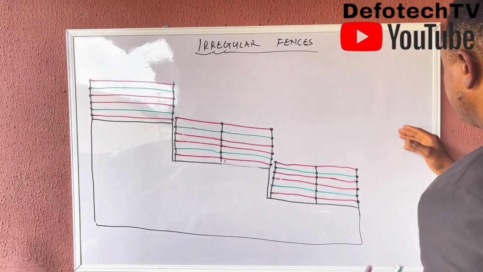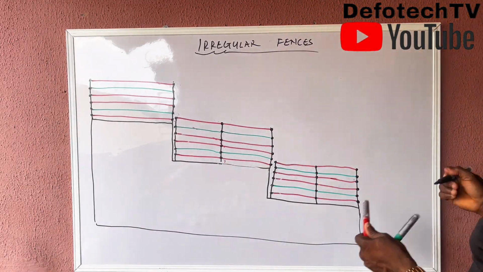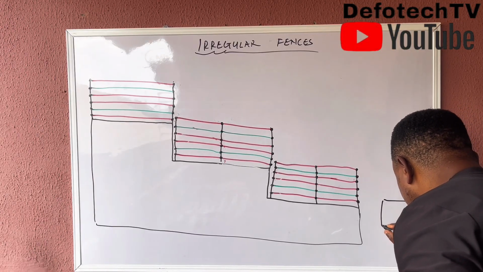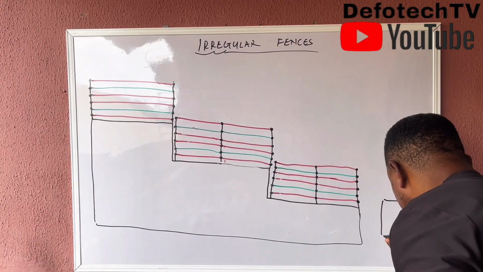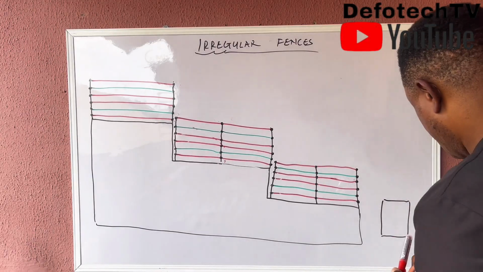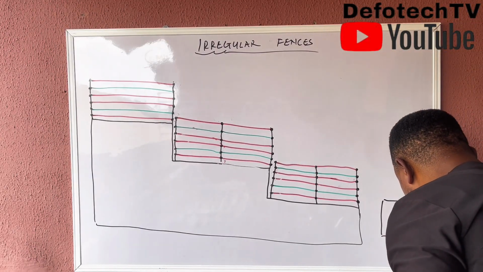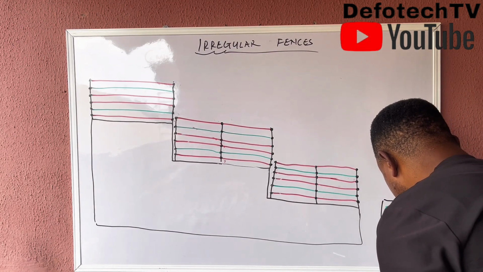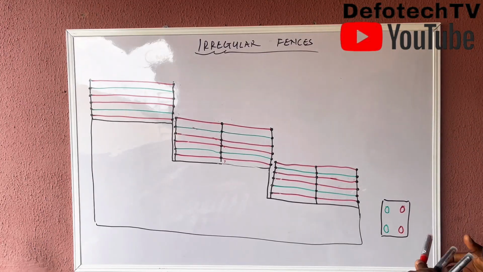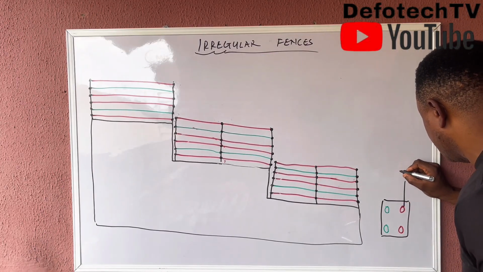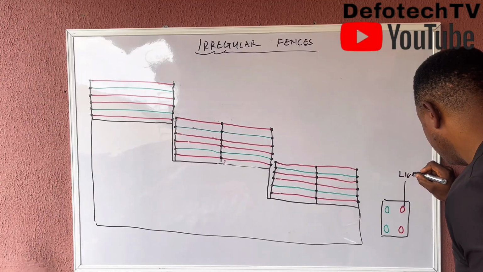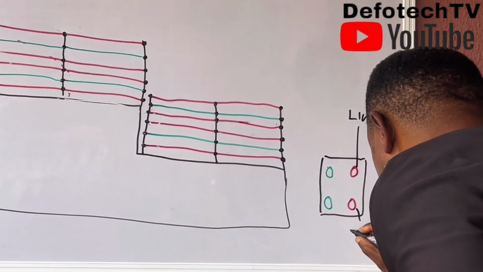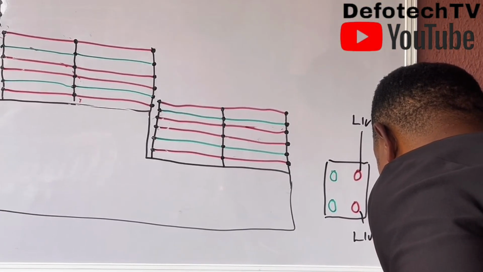Here, let's have our energizer at the extreme. We have a live terminal here and the earth terminal here. So let's say this is a live out, this is a live return.